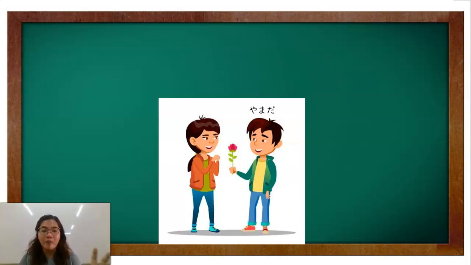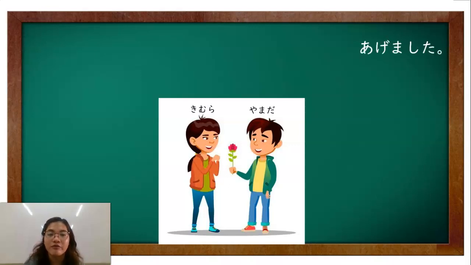So this boy is Yamada, okay? And this girl named Kimura. Okay? So sasabihin mo, binigyan ni Yamada-san si Kimura-san ng bulaklak. Okay, so our verb here is binigyan. Binigay na. Means past na. Nangyari na.